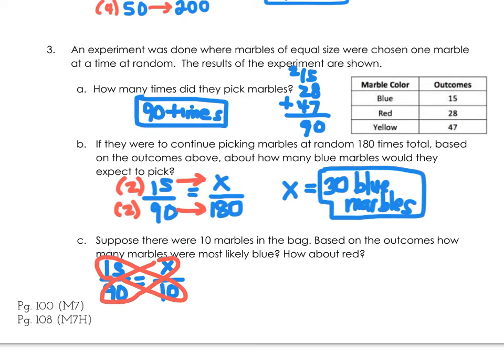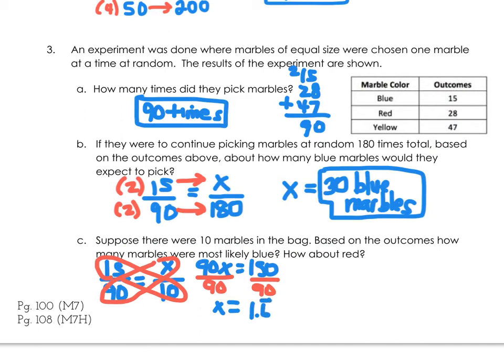Then we'll get 90x equals 150. Then you divide by 90 on each side. And then you're going to get a repeating decimal. The repeating decimal is 1.6.